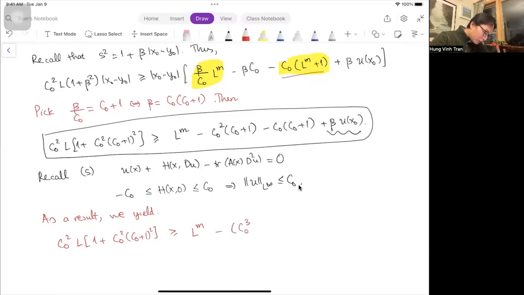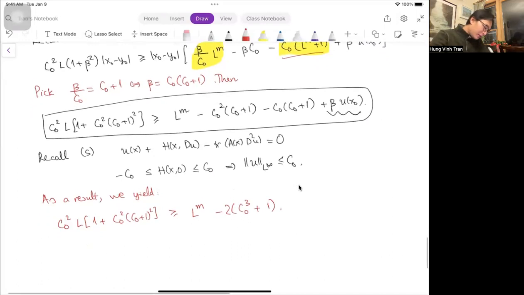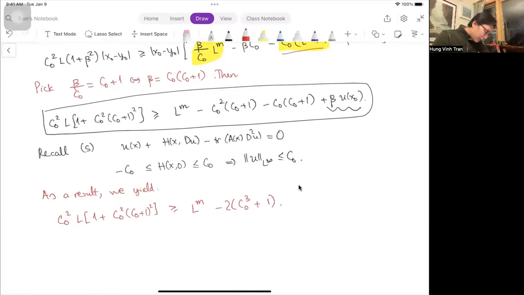Okay, let's say 2 times C naught cubed plus 1 or something. Yeah, something like that. I might be a little bit not careful here with all the C naught, but I'm just writing some C naught. So we have this inequality, and recall that m is greater than 1, right?